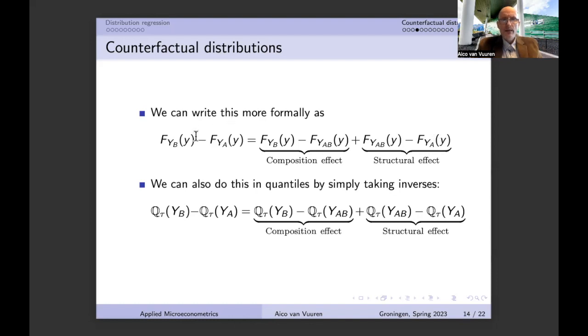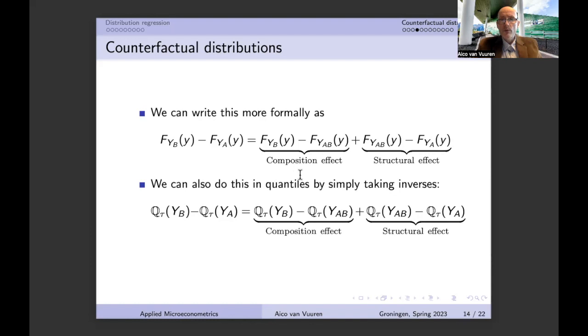Of course, we can look at the differences in distributions, but we could also look at differences in quantiles. We can do that in exactly the same way as we have done so far, by simply taking quantiles. Of course, the quantiles of the B and the A population can be obtained directly from the distribution function by simply inverting them.